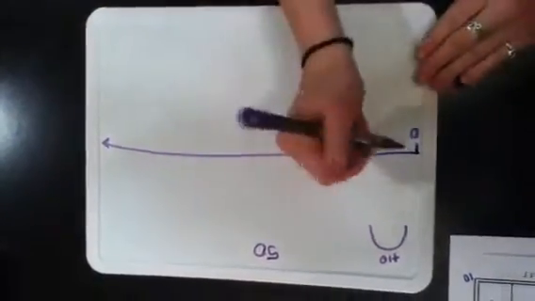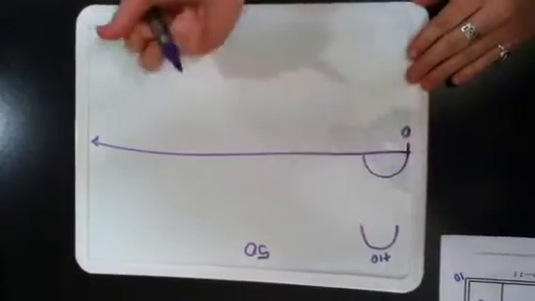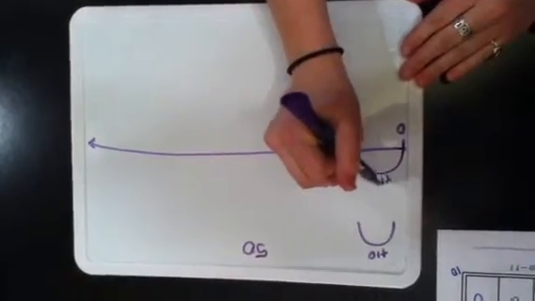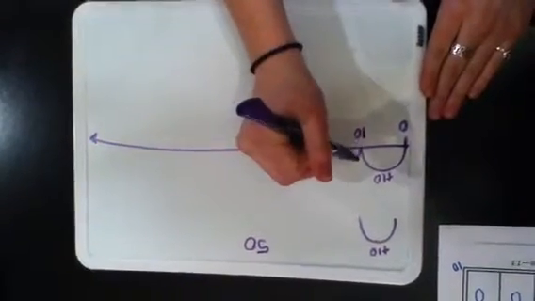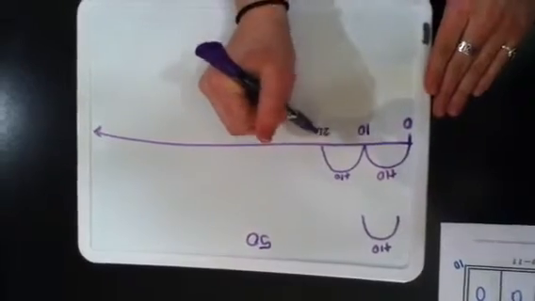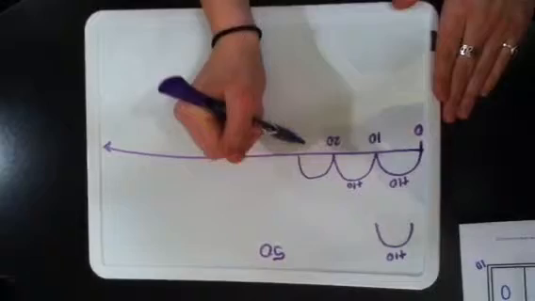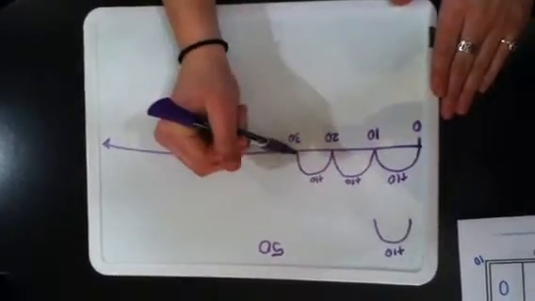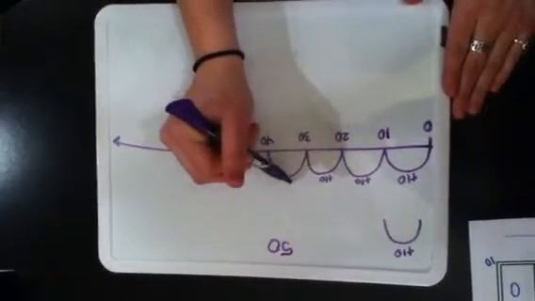Okay? So we're going to use this to demonstrate the jumping on the number line. So we'll start off by going 10. So we have plus 10. 0 plus 10 is 10. So we have 10 plus 10 more, 20. 20 plus 10, 30. 30 plus 10, 40.